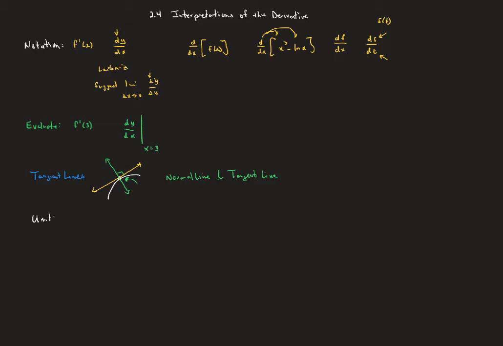Okay, so we also want to understand that the units matter. When we're talking about a derivative, it's always going to be a rate of change. That means the average rate of change, which we have talked about a great deal in AP Prep, has the same units as the instantaneous rate of change, which has the same units as the derivative.